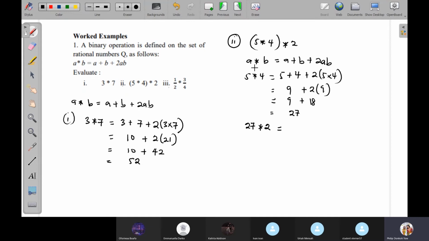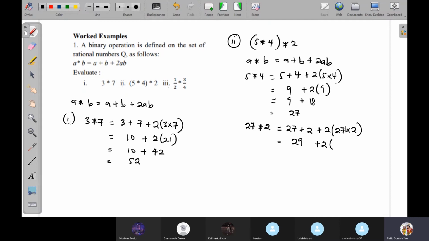Still we have to use the rule. So using the rule, it's going to be 27 plus 2 plus 2 times 27 times 2. When we simplify, 27 plus 2 gives us an answer of 29. Then plus 2 times 27 times 2.